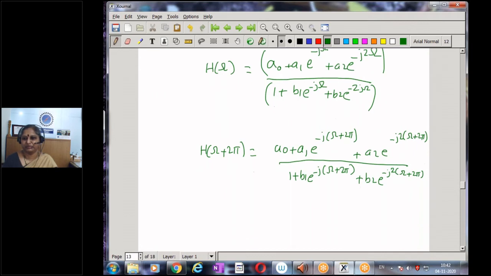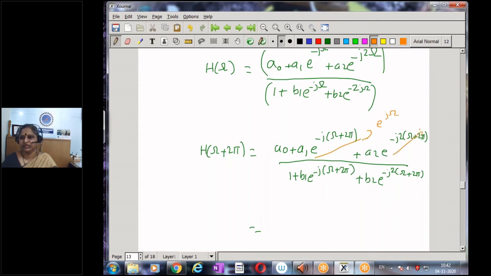And then what happens? We know that e to the power of j omega is the same as e to the power of j (omega plus 2 pi), because cosine and sine functions are periodic with period 2 pi. So e to the power of minus j (omega plus 2 pi) is the same as e to the power of minus j omega.